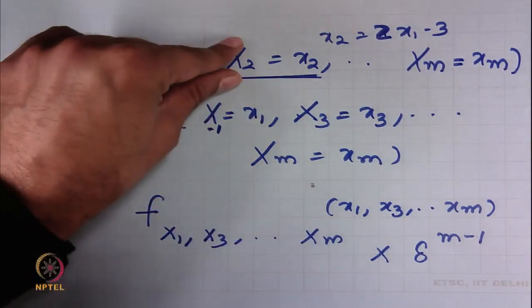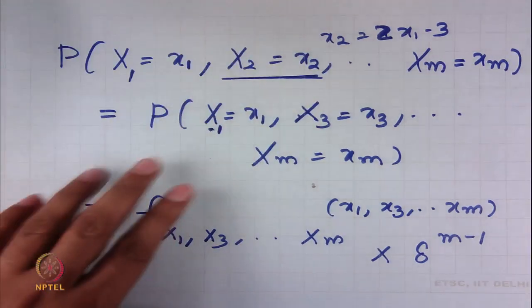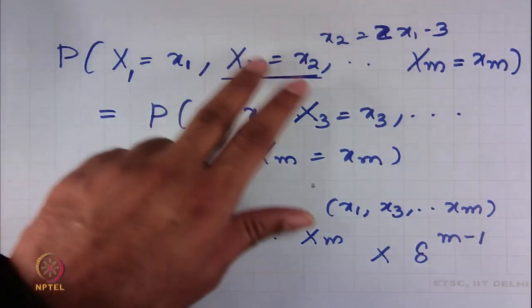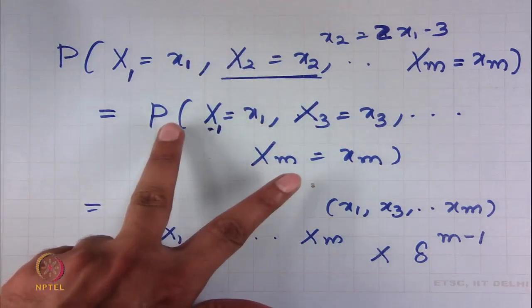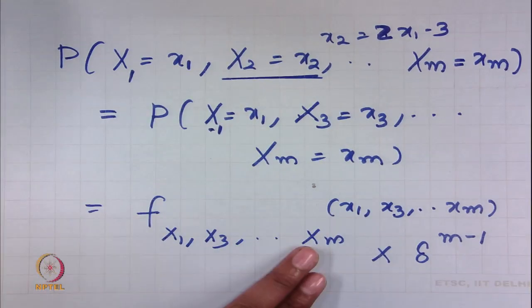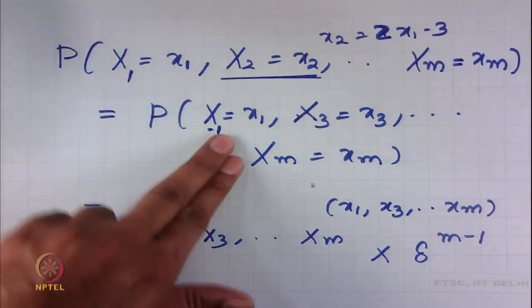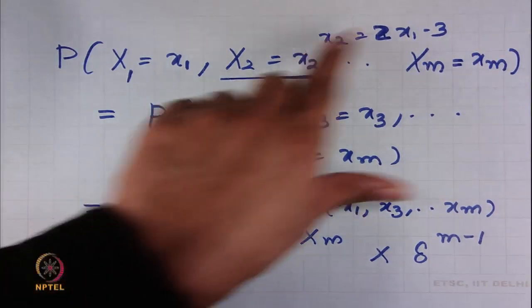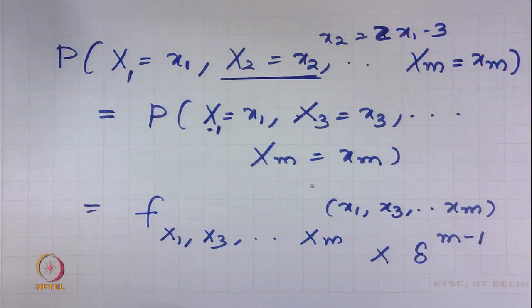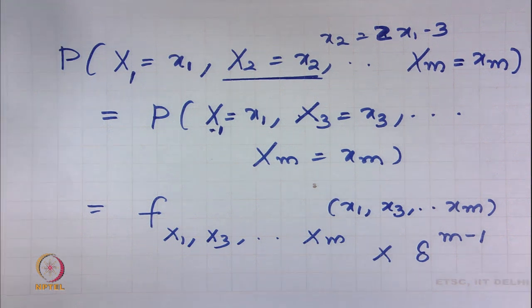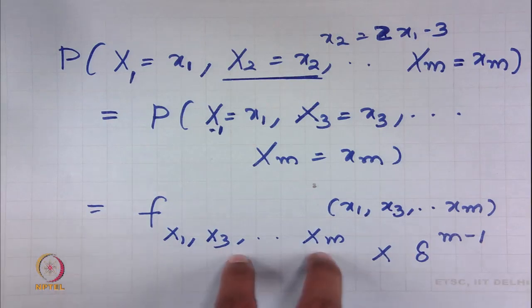Whatever random variables were dependent, I have removed them, because whether you include them or not, the probabilities will remain unchanged. So, this event has the same probability as this event for x2 taking a value 2 x1 minus 3. Okay. So, what we are doing is defining this probability density function over a lower dimensional space.